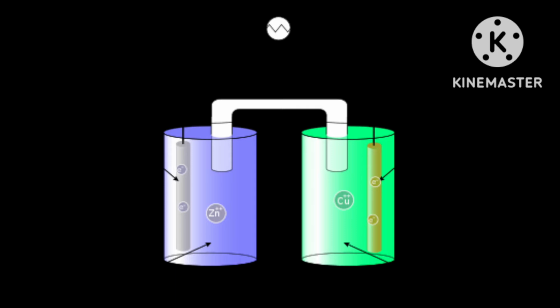Diphenylamine will lose the electron, and chromate ion will take the electron. This is a redox reaction. When diphenylamine is oxidized, its color will change to blue, and that means the end point is reached.